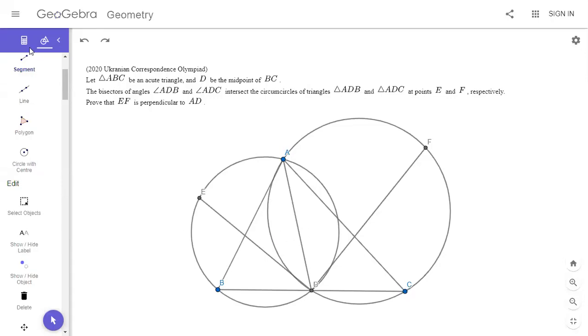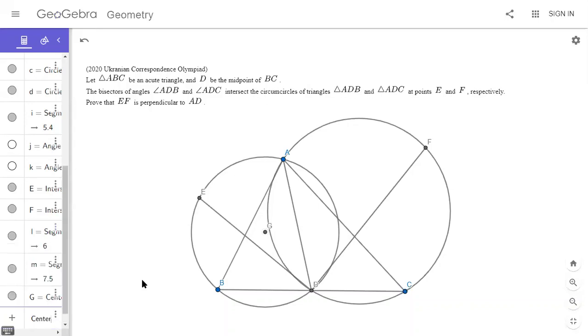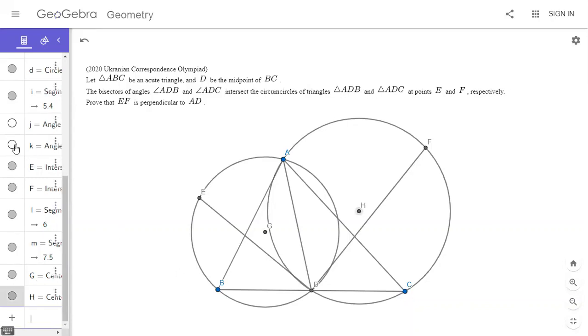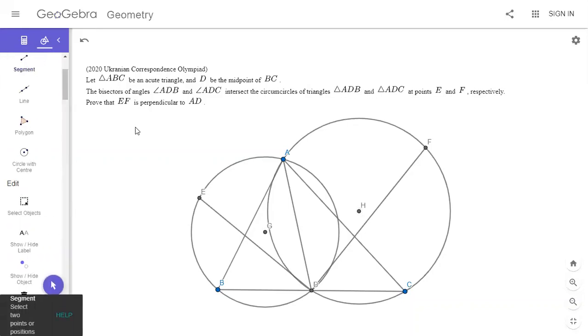Let's draw the centers of those two circles. So we know GH is perpendicular to AD, right?